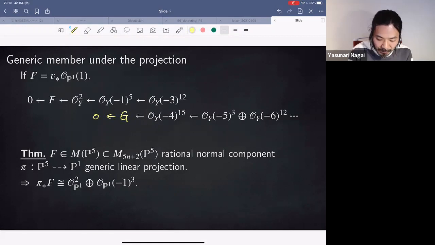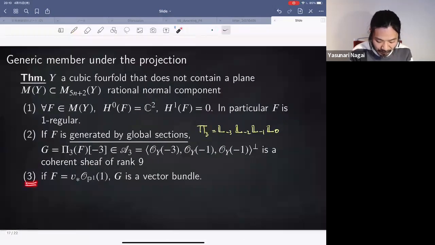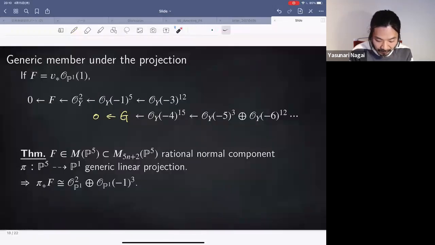And of course, the third claim is easy because we can calculate the depth. F is a stable sheaf supported on a one-dimensional scheme, so it's pure. So the depth is 1. And by going in this direction, the depth goes up: 1, 2, 3, 4.